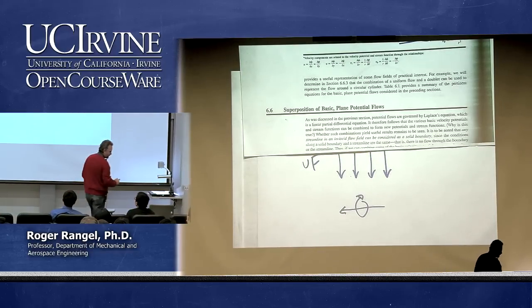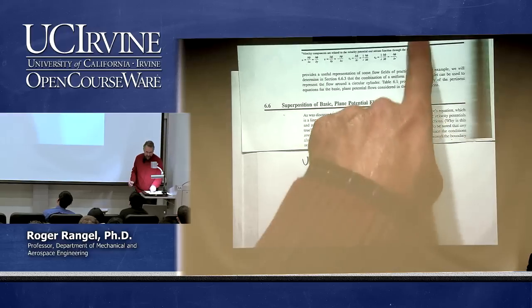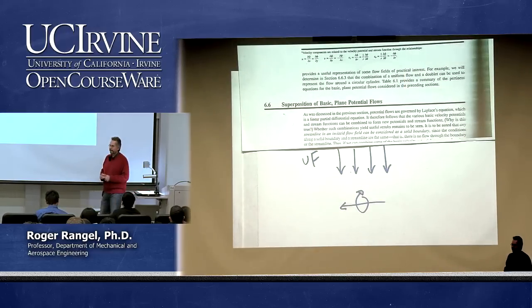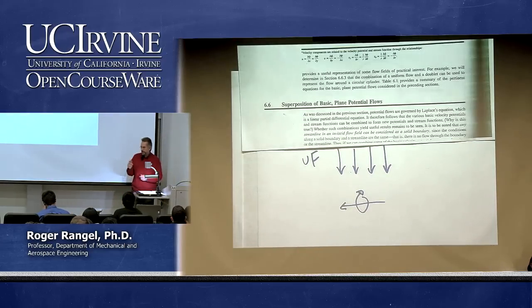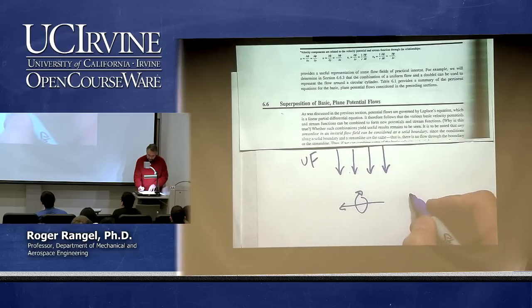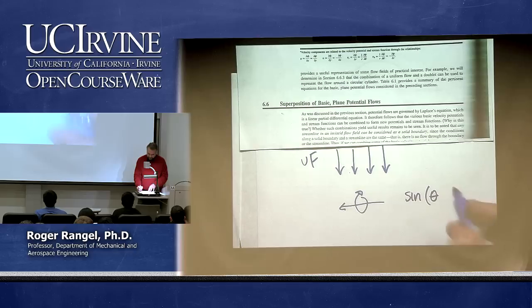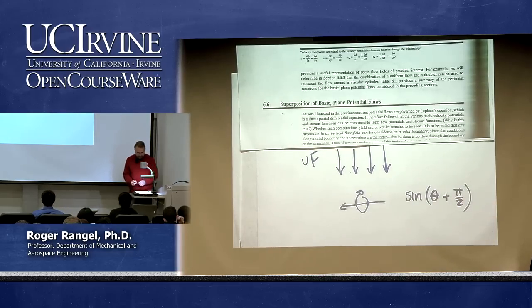What do I do with this angle theta? Plus, because I'm rotating, right? So the theta that appears in the sine has to be, now that I'm rotating negative pi over 2, theta plus pi over 2.